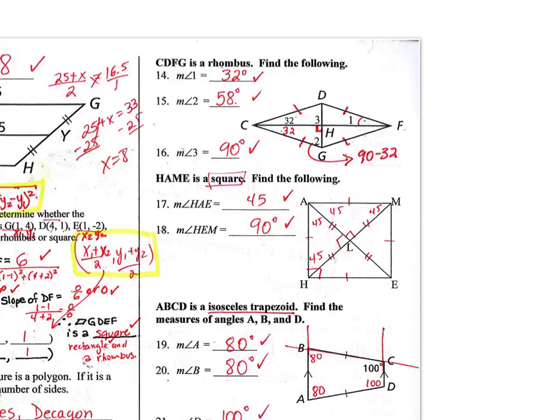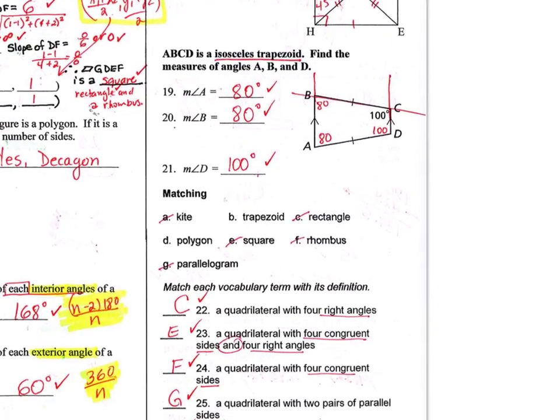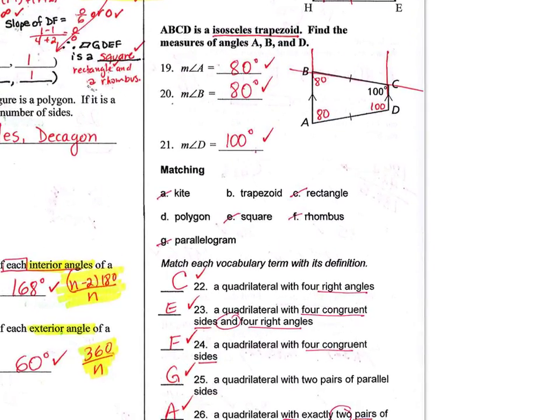Yes. Okay, number 19. On a trapezoid, if it's an isosceles trapezoid in particular, the base angles are congruent. Right, those two are congruent, these two are congruent.